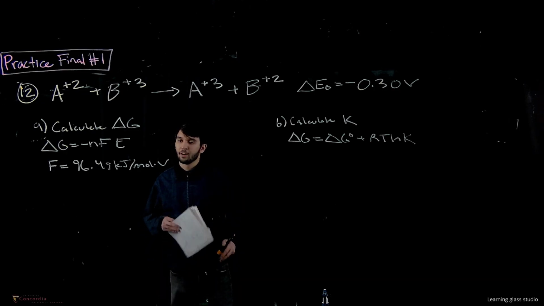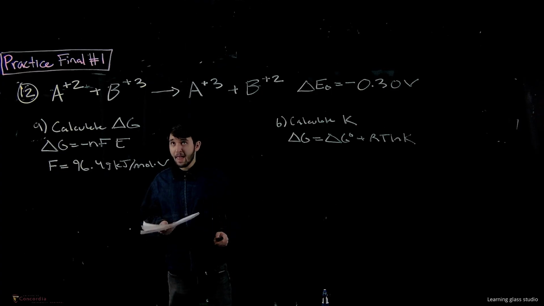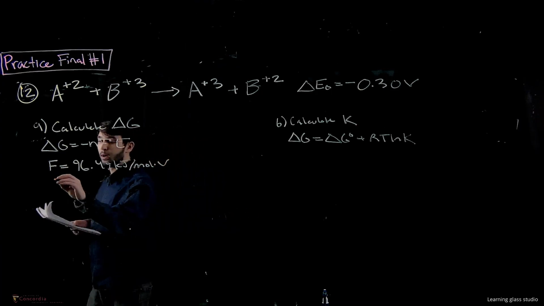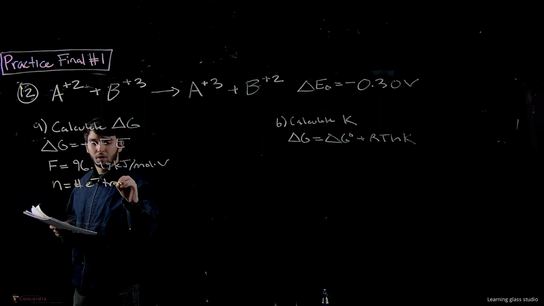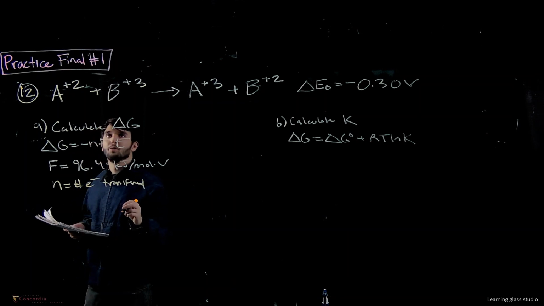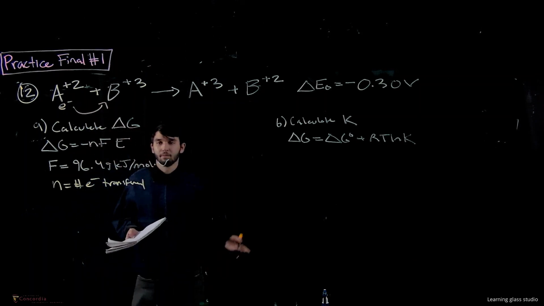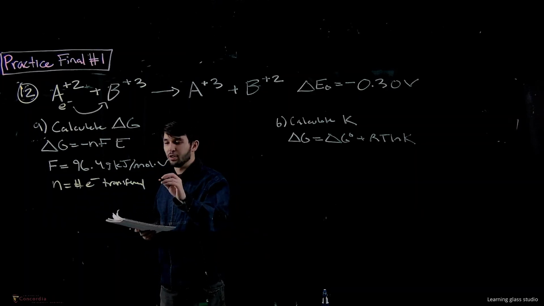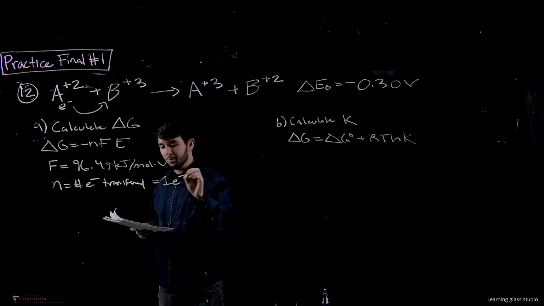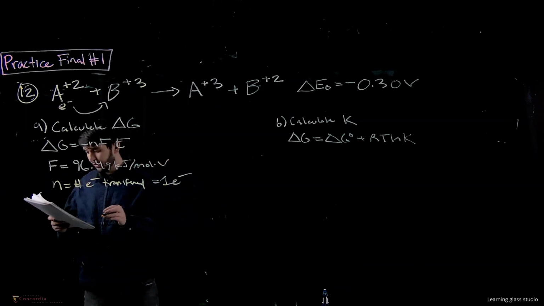F is the Faraday constant, 96.49 kilojoules per mole volt. N is the number of electrons transferred, so N equals number of e minus transferred. And remember that the electron will be going from here to here, okay? That's essentially what's happening here. So in this case, it's just 1 electron, 1 e minus. Okay, so this is fairly straightforward.